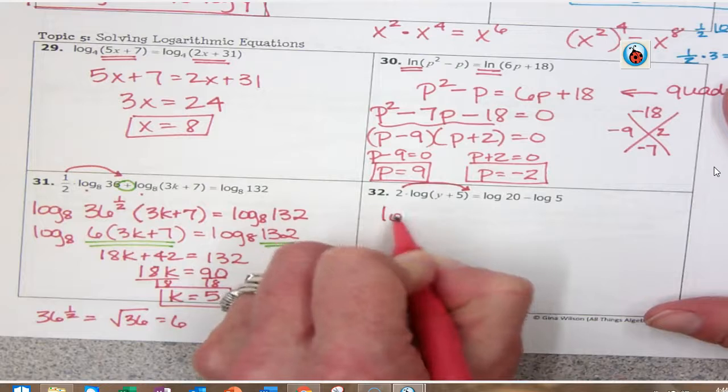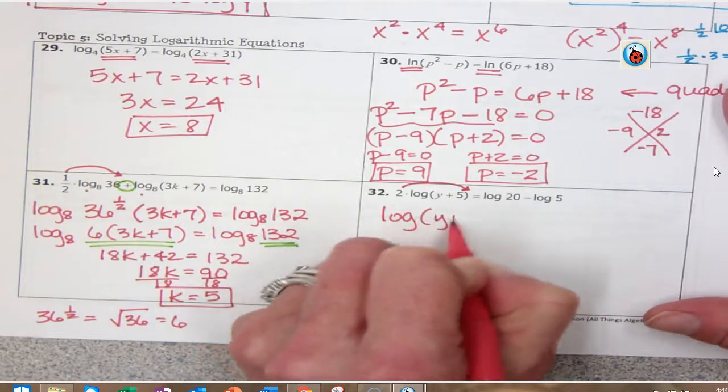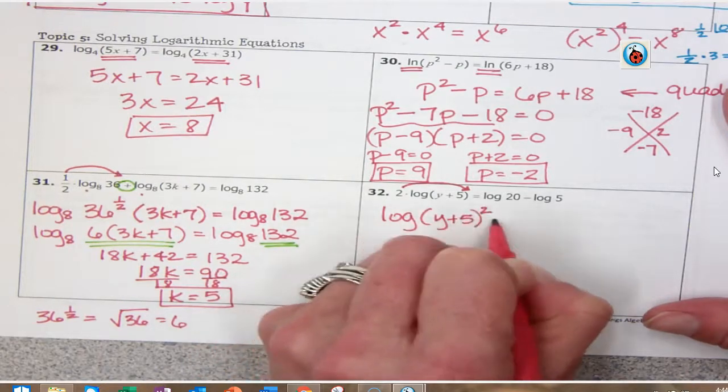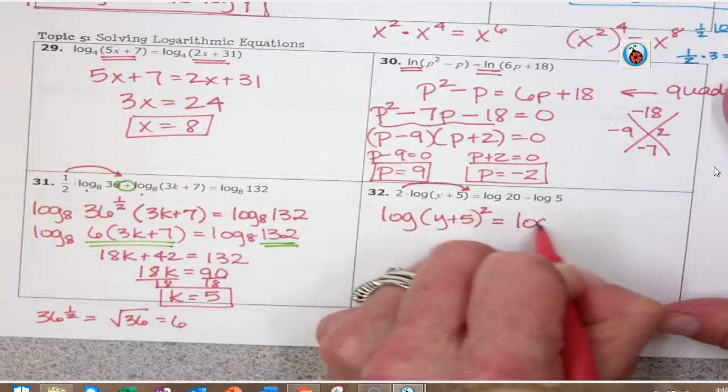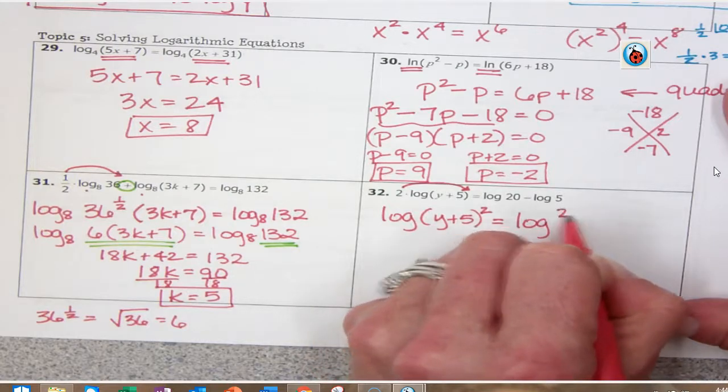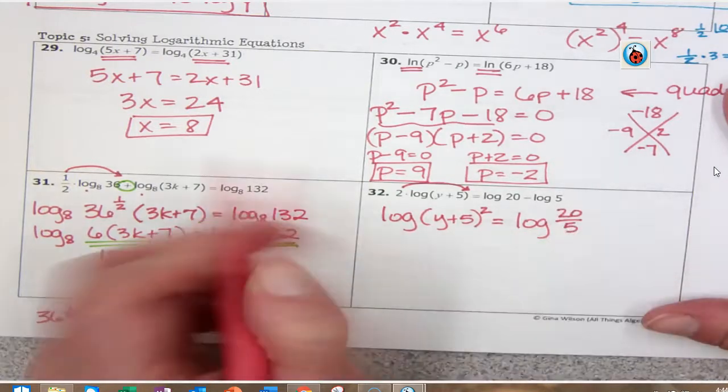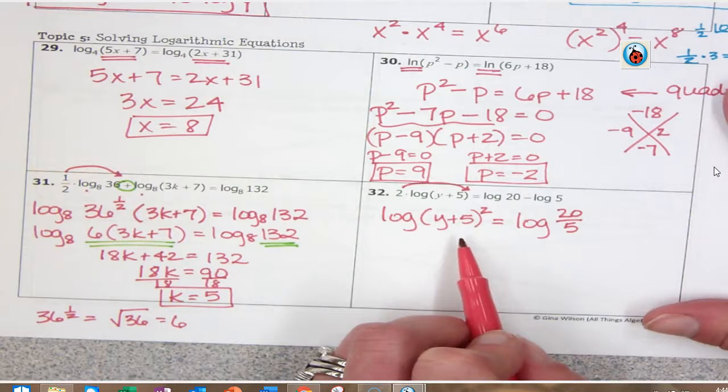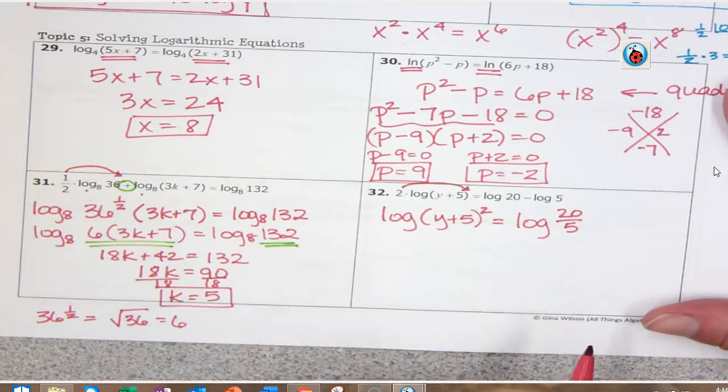So you're going to get log of y plus 5 squared equals log of 20 divided by 5. This you're going to have to FOIL. So see if you can work that out. Pause the video and see if you can do that one before I do it.